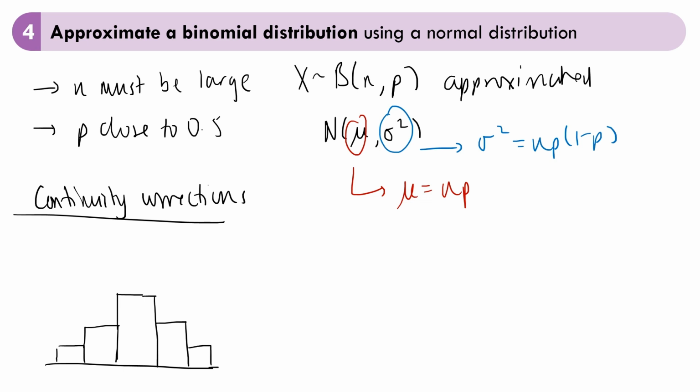Where this is 1, this is 2, this is 3, this is 4, and this is 5. And then we have a normal curve which looks something like this, which I'll draw in red. If for the binomial distribution we're trying to find the probability that x is greater than or equal to 4, then that includes everything that I'm shading in blue.